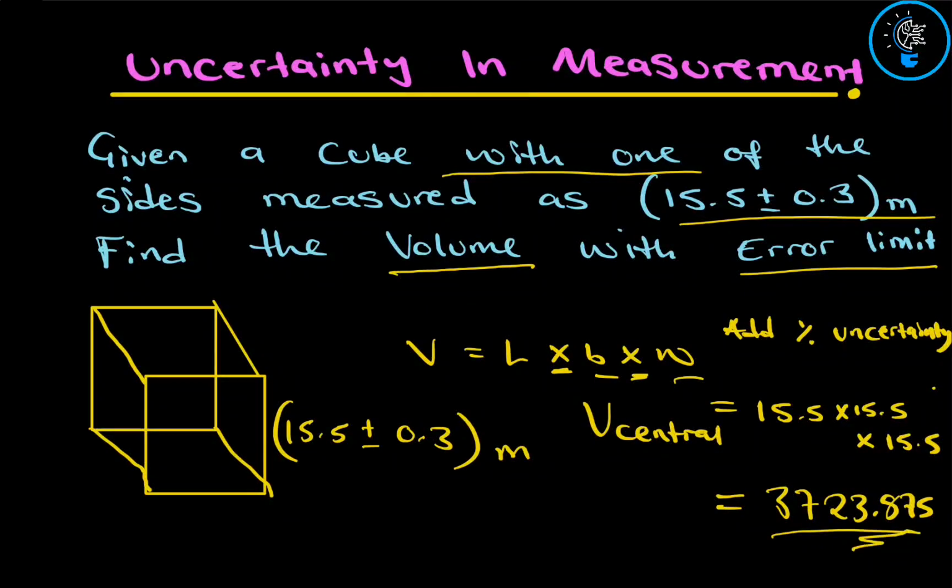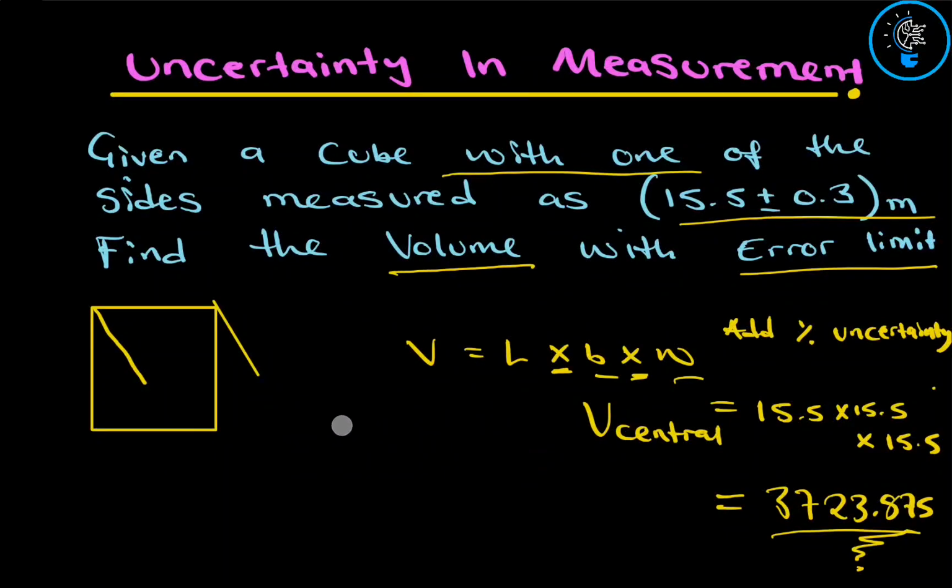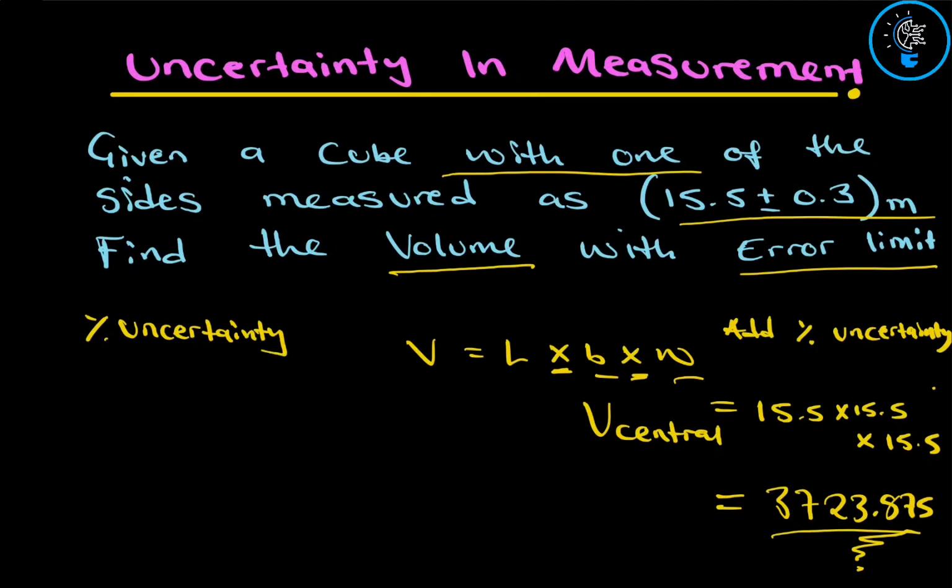Okay, we have our central value. Let's now find the uncertainty of our solution. So to find the uncertainty, since it's multiplication, we need to add the percentage uncertainty. So let's find the percentage uncertainty of what we are given. So to find the percentage uncertainty, we're going to say what was the uncertainty?